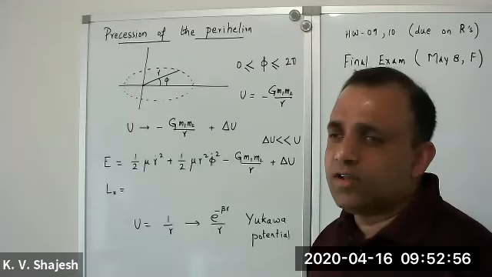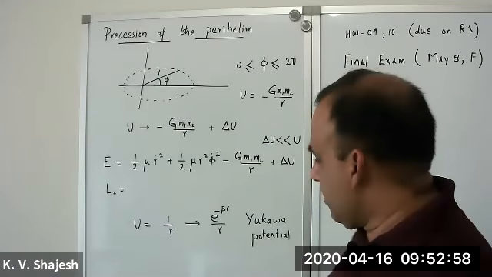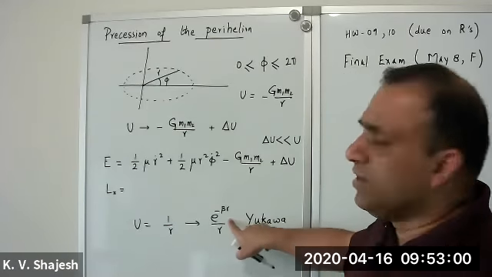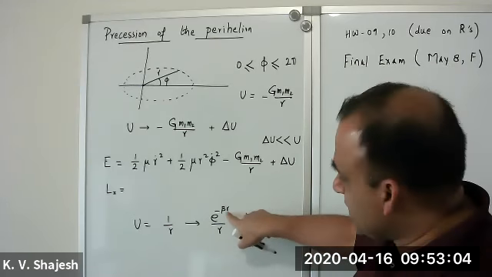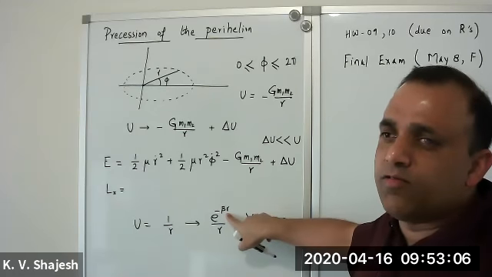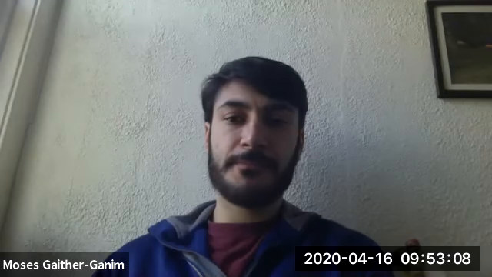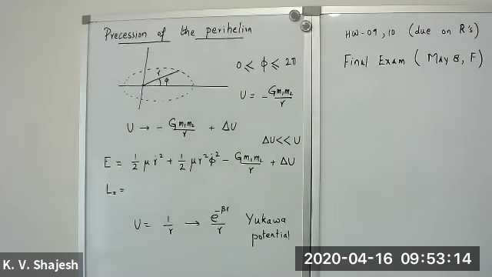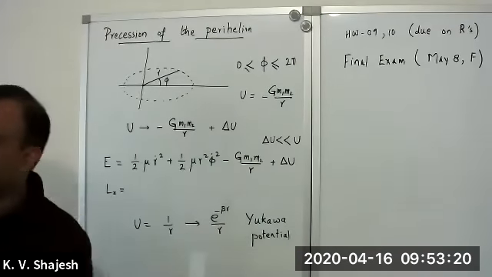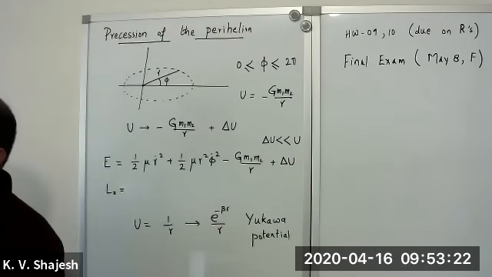What would the effect be? Then the energy would change to this form, where beta here has the information of mass. You can think of 1 over mass. So any massive particle in the interaction changes the potential energy to give an exponential form, and that's called the Yukawa potential.